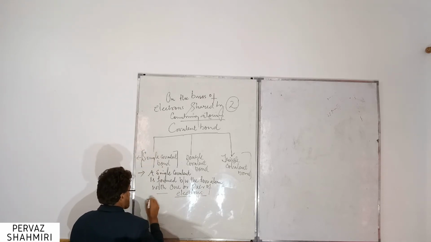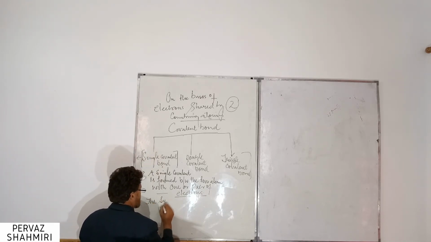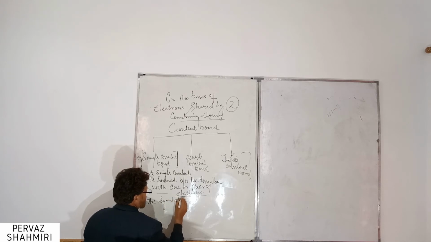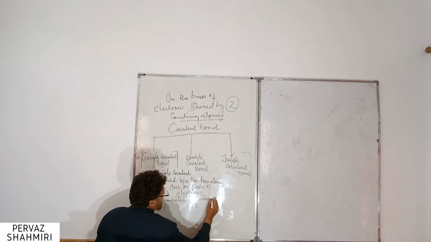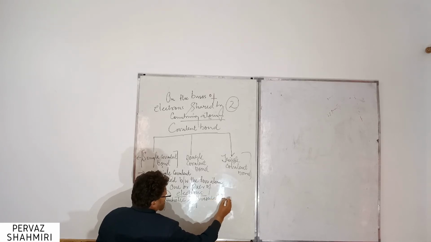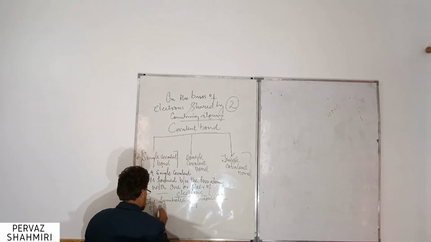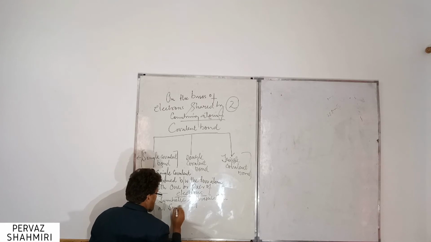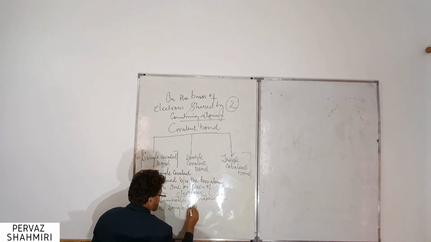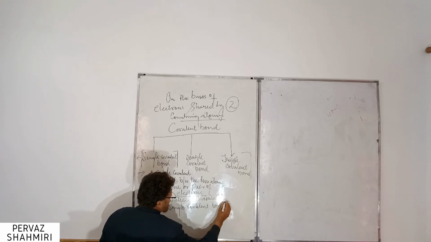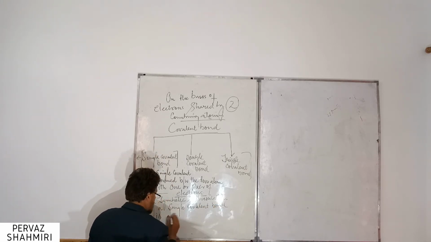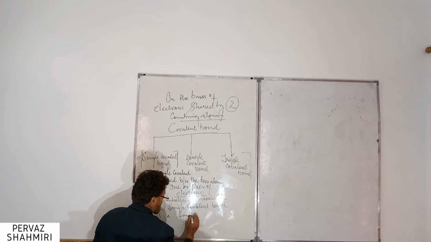The symbolic representation of a single covalent bond is a small line.